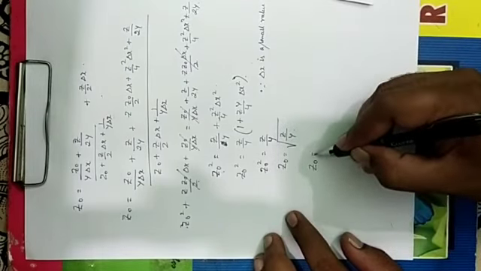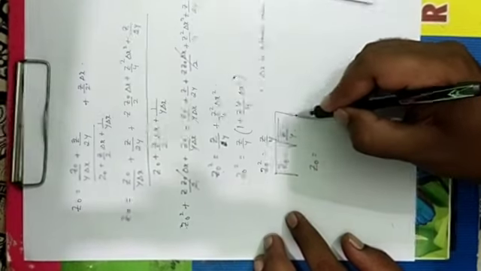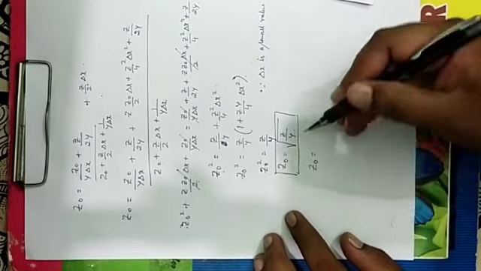So z naught is equal to square root of z divided by y.